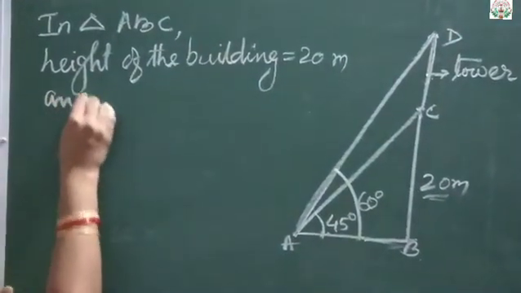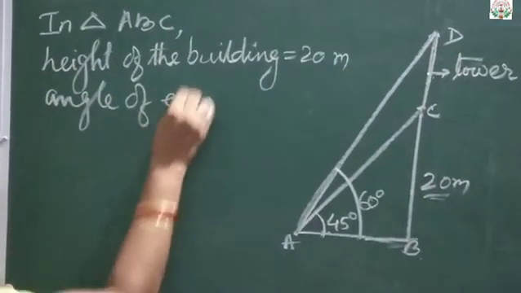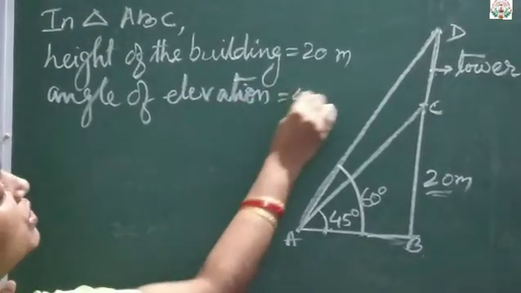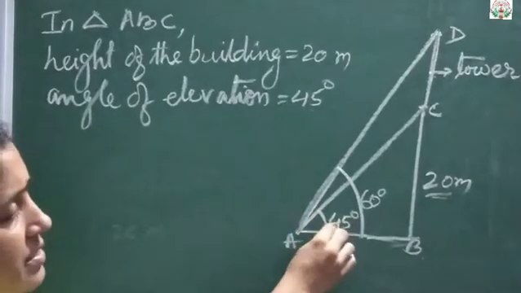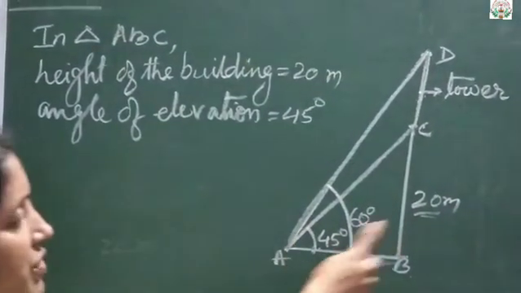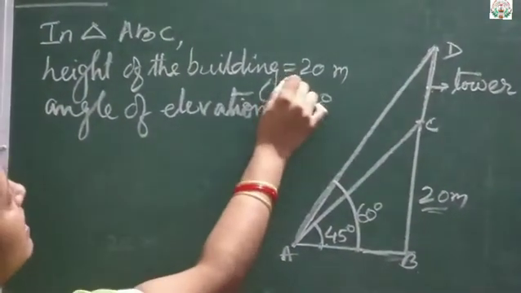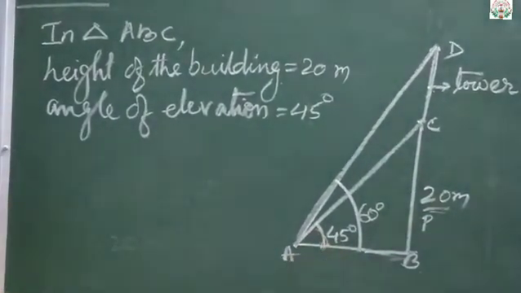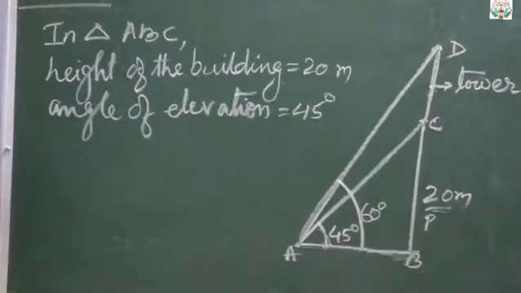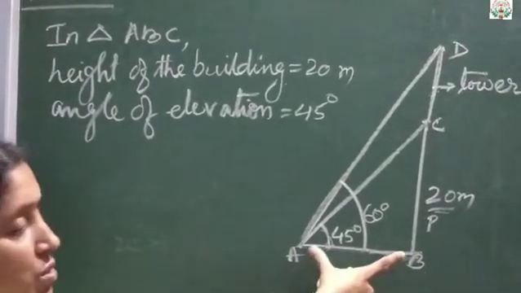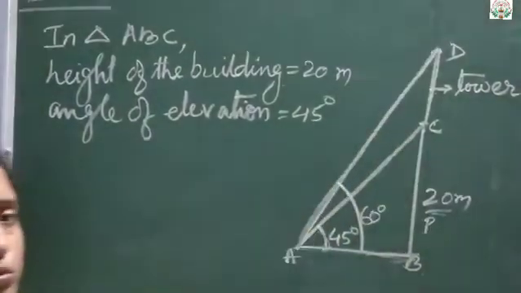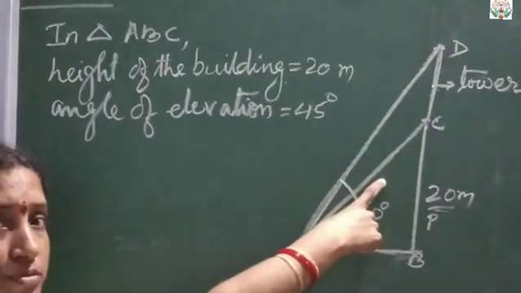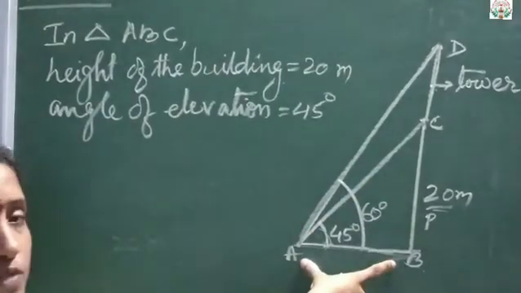Then the angle of elevation is equal to 45 degrees. So now you can see the height of the building, that is P, is given and the angle is given. So how will you get the base? We are supposed to find the base, because this base is common for the tower also. So we have to get the base, not the hypotenuse. Clear? So the base will be AB.